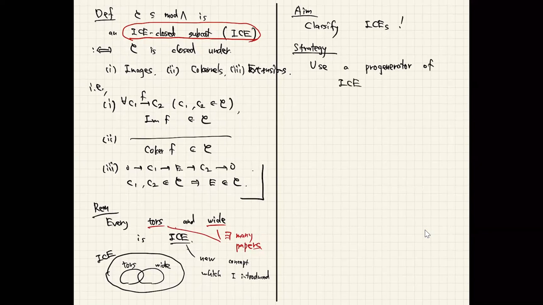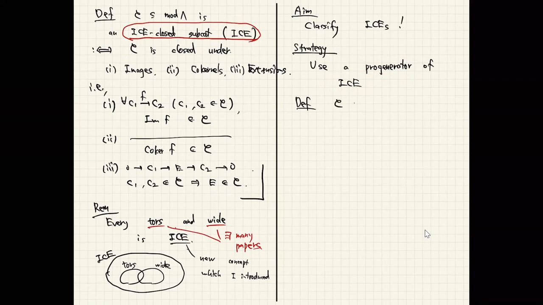A progenerator is a certain module I will define later, and it's a kind of invariant of this subcategory. So a categorical invariant. I want to classify ICE-closed subcategories via this invariant. And so here is the definition of a progenerator.